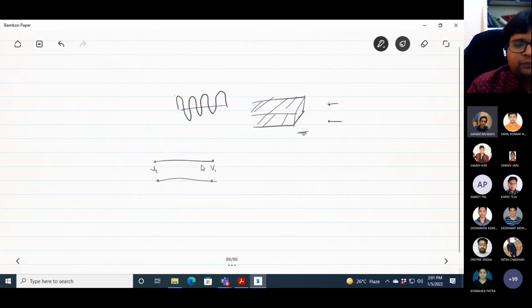But in a transmission line whose length is, say, half lambda or one lambda, whatever the potential here, say V1, the potential there may be V2, because it is also a function of space. That's why we cannot measure the voltage or current at very high frequency. So there are certain problems.